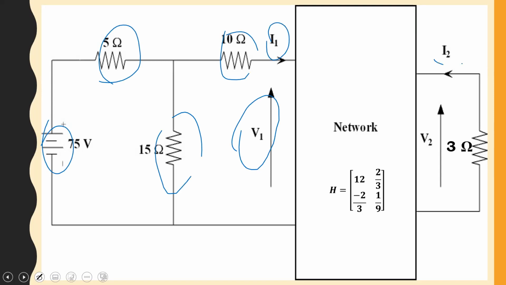And then we are going to link I2 and V2 with respect to our load. In most instances, that one is the easier to deal with. But we're going to now look at the input and how we can do the analysis there.